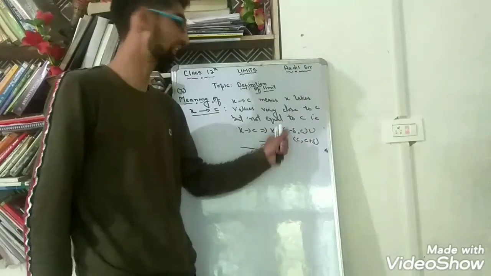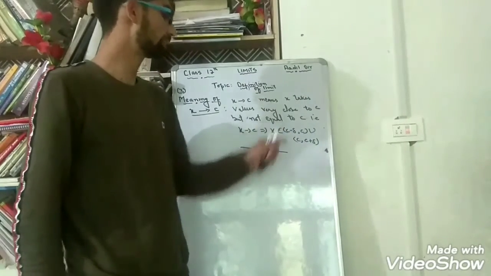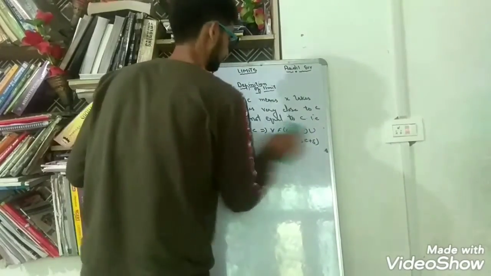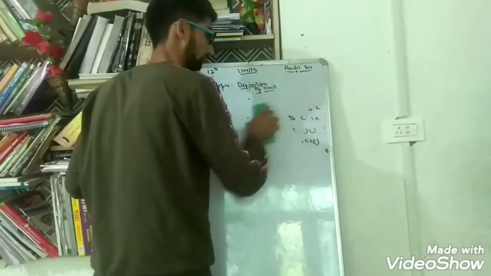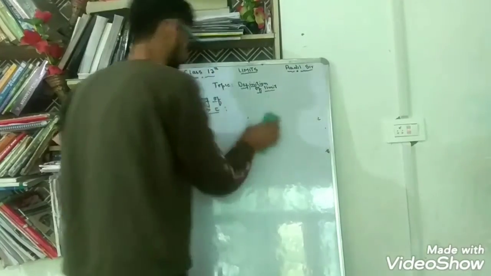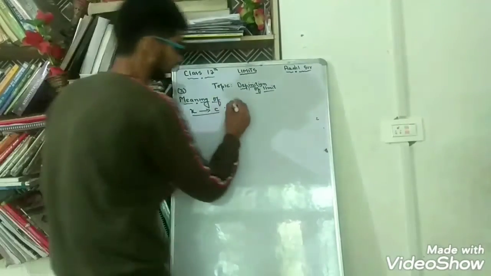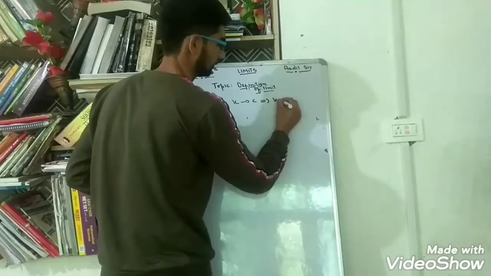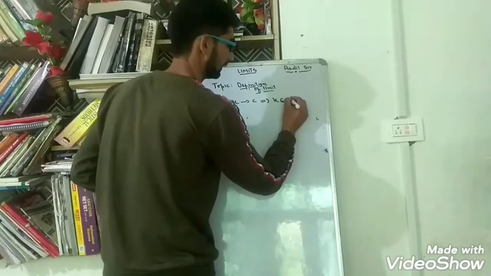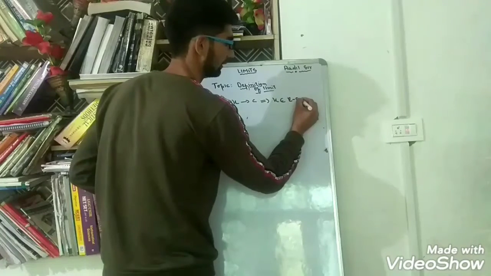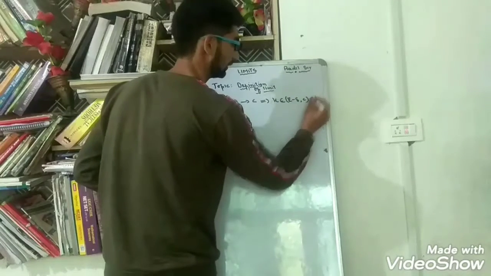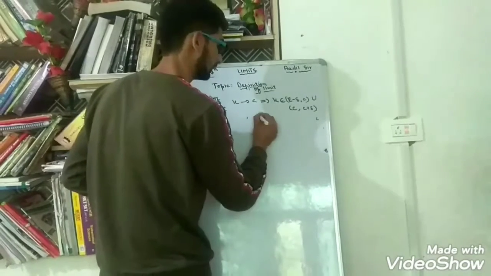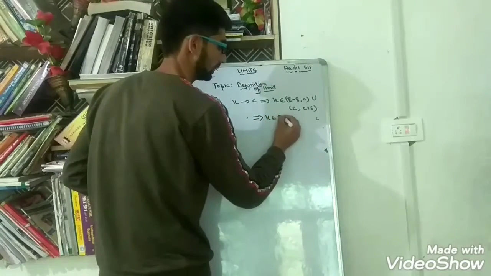Deleted neighborhood of C. So I can say that when X tends to C, it means X belongs to the deleted neighborhood of this C. So here we write this meaning here, X tends to C implies X belongs to this C minus delta, C union C plus delta, and I can say that this X belongs to deleted neighborhood of C.